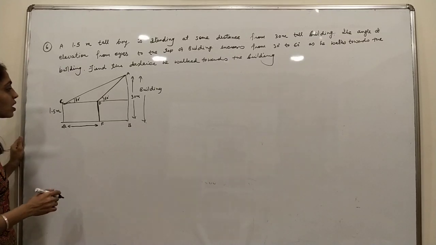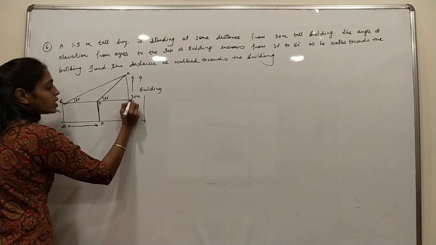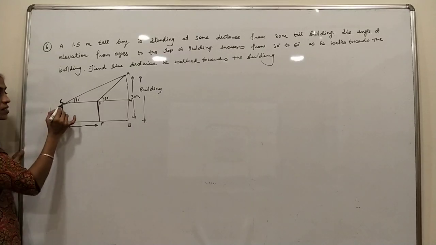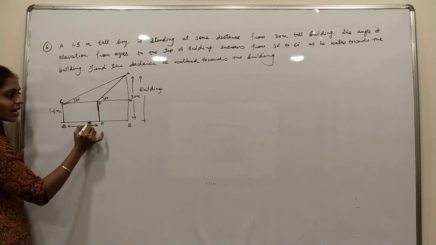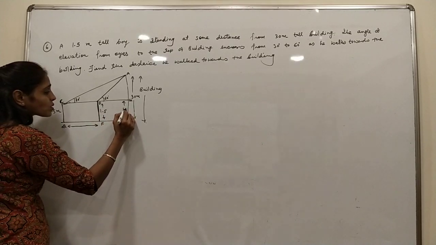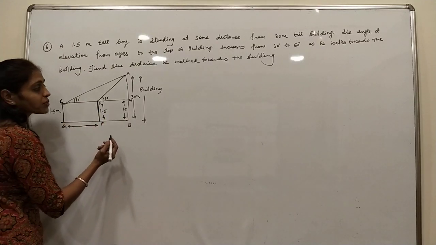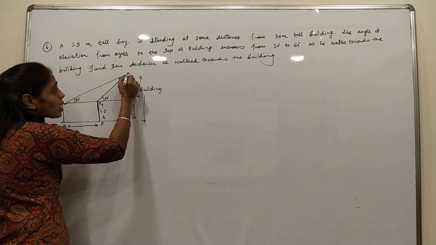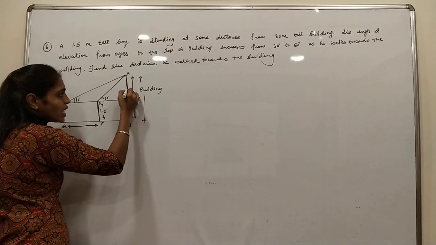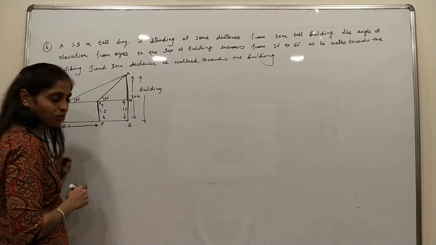Okay. A, B, C, D, E, F and let it be G. Look, this is 1.5. So it's a rectangle. All this distance is 1.5. They are all perpendicular. Now the height AB is 30. So AG is 30 minus 1.5, that is 28.5.